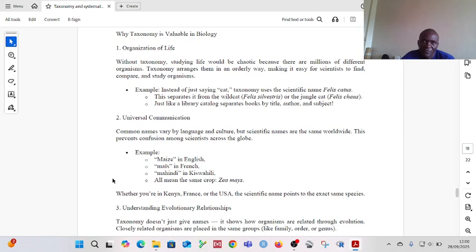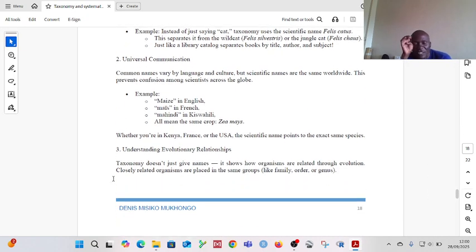Another importance of taxonomy is it helps in universal communication. So common names will vary by language and culture, but scientific names are the same worldwide. So that helps to prevent confusion among scientists across the globe. Maize, for example, is an English term. In French, they call it differently. In Kiswahili, we call it differently.